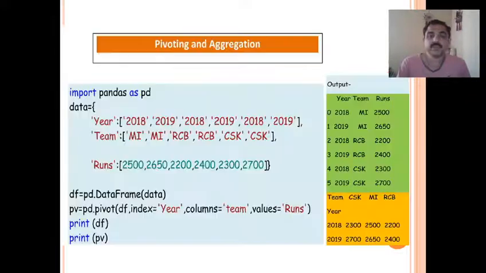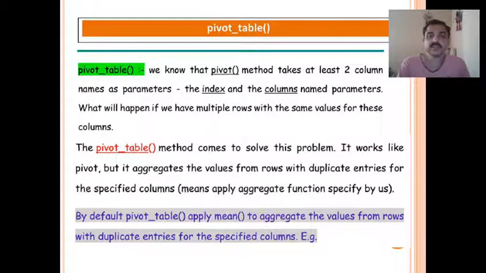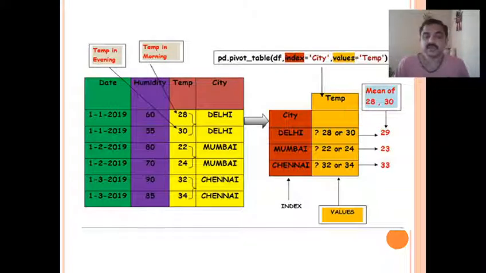The problem with the pivot function is, if there are multiple rows with the same values, then it gives an error, it doesn't give you the data rearranged. For that we can use a function called pivot_table. Here if you have multiple values, it will take the aggregate value.